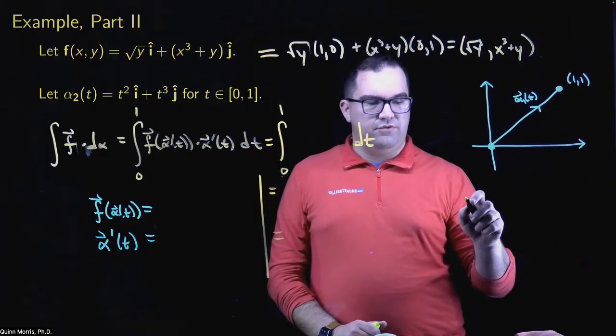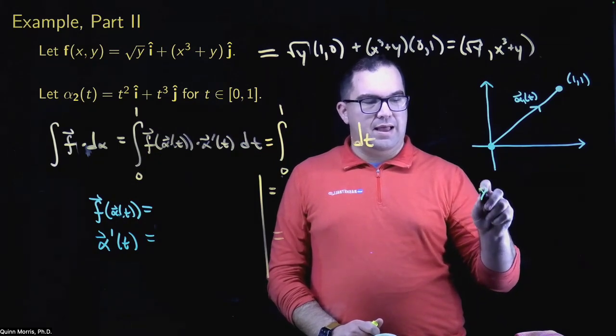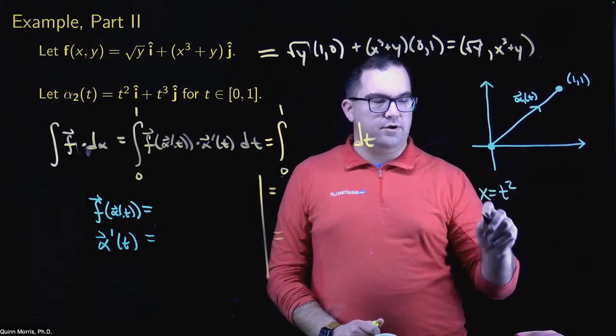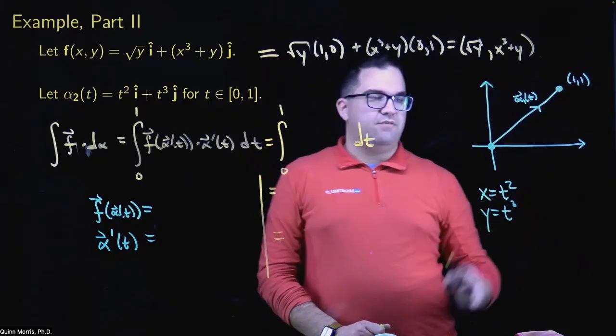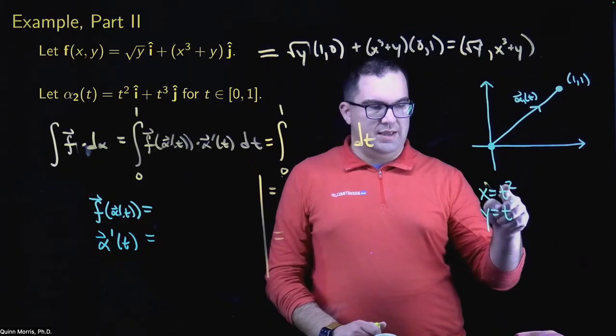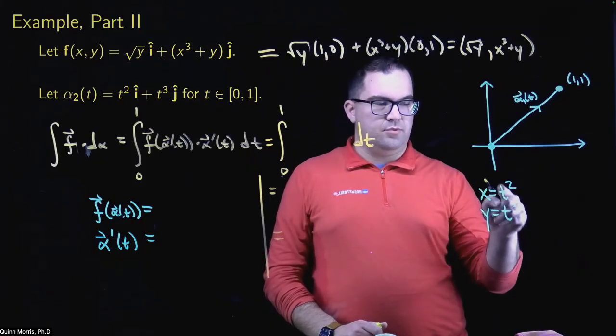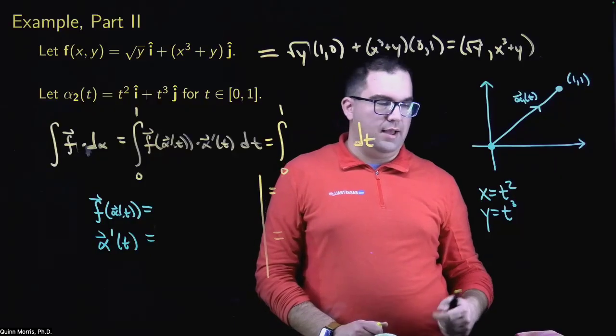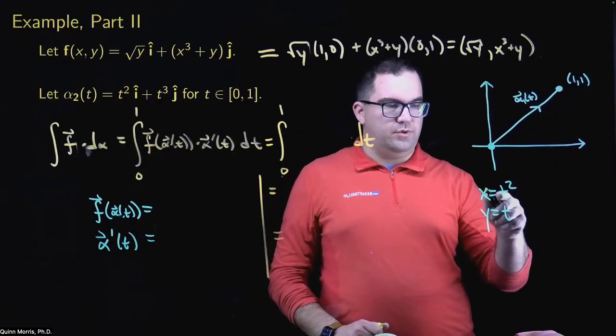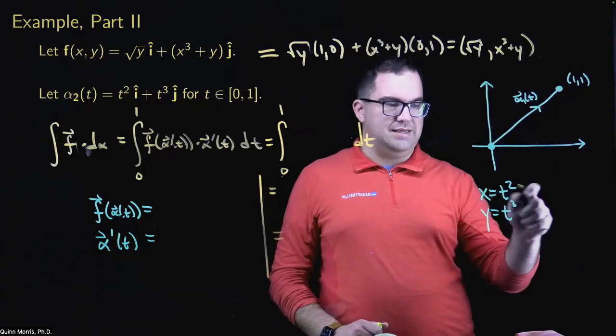For alpha 2, my x component is t squared and my y component is t cubed. If I want to understand the graph, I want to understand how each of these variables' relationship to t gives me some relationship between x and y. So what I can often do is just solve this for t.